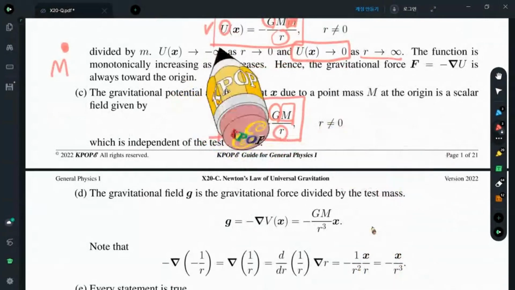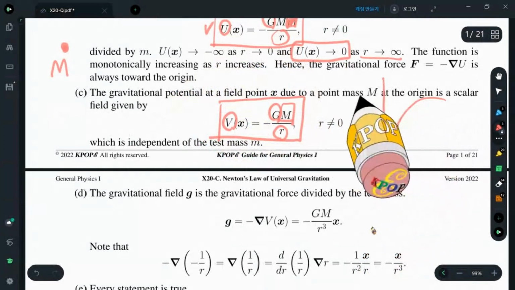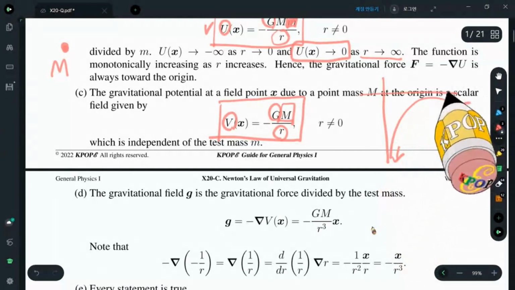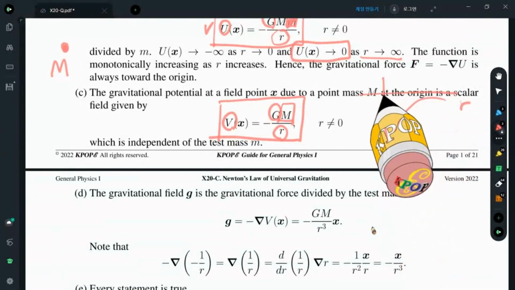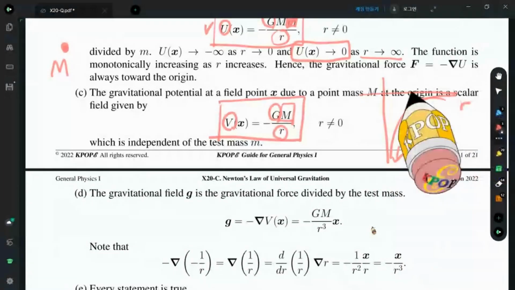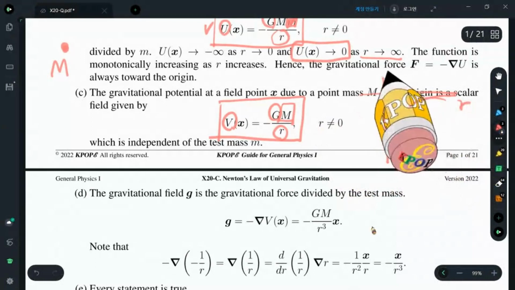We can see this function decreases arbitrarily to negative infinity as r goes to 0, and it approaches 0 and never passes through the x-axis, the r-axis.